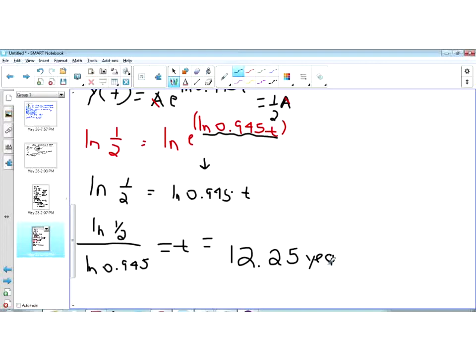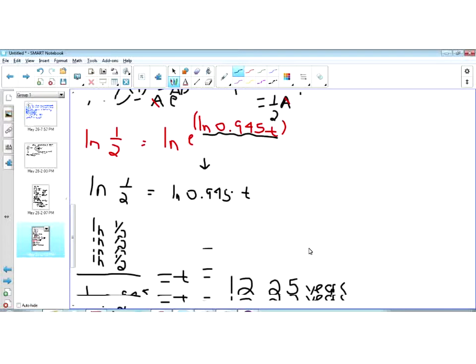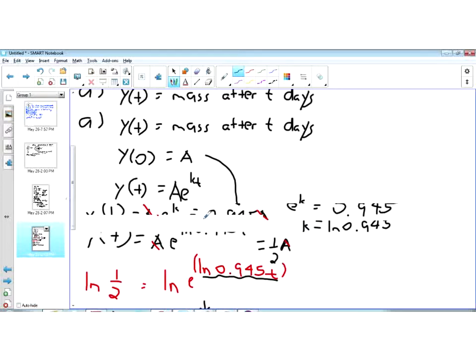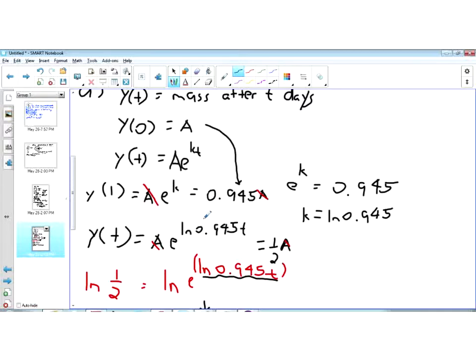Okay, so that's a pretty stable substance. All right. Okay, so that's the half-life. So we solve for k, then we have a function for y of t. We want to find where y of t is equal to 1/2, the time at which the initial mass is 1/2.